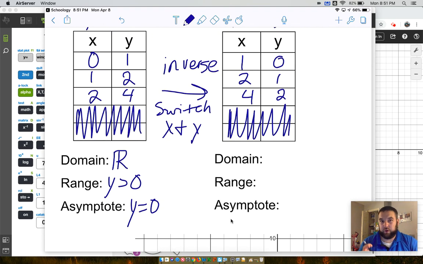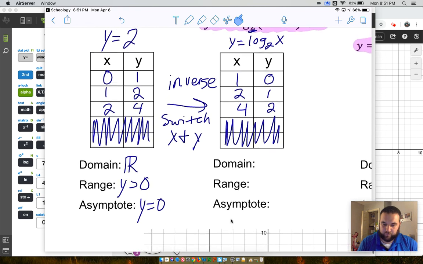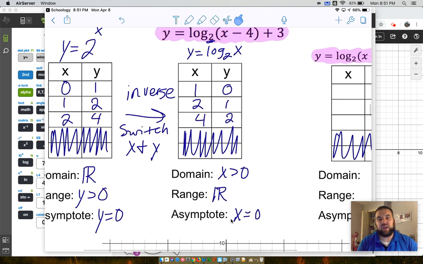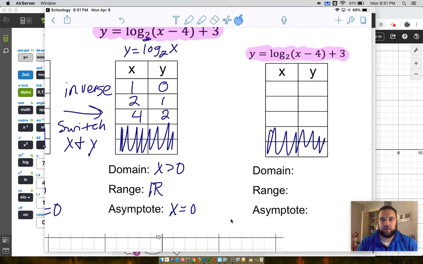And this is the important part, and this is what we talked about in class, is that the domain and range then switch, because they're inverses, and we know that from previous learning. So then the domain would become x is greater than 0. The range would then assume all real numbers, and the asymptote would become x equals 0 instead of y equals 0.